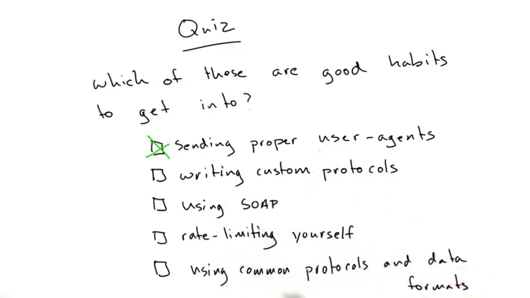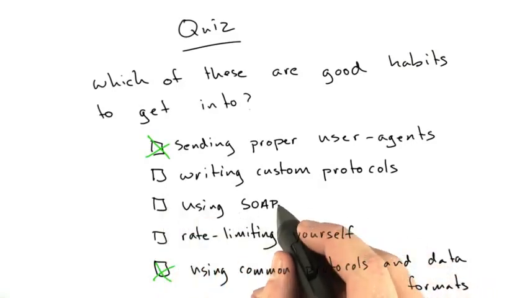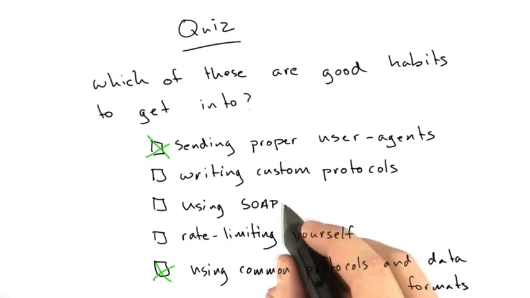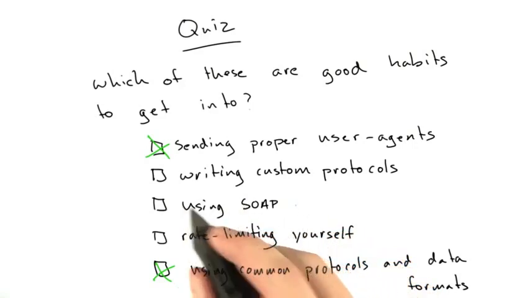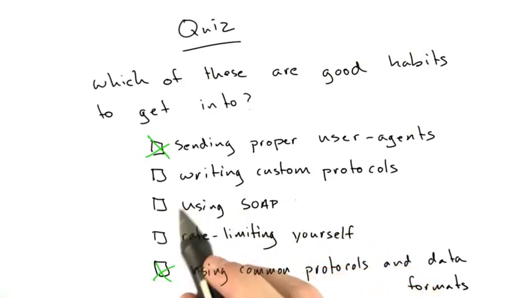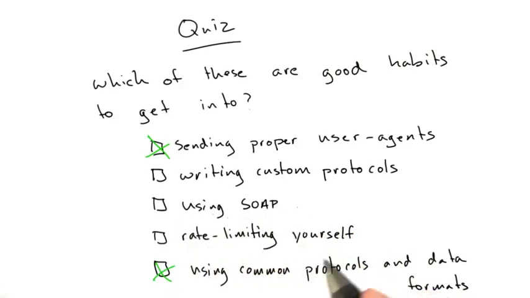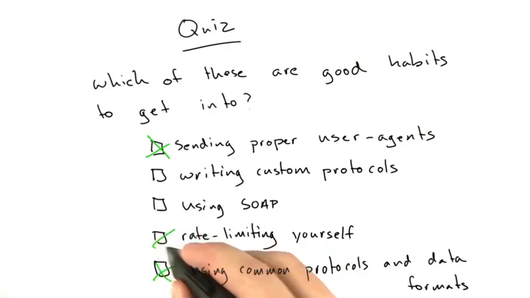Generally, using common protocols and data formats is a better idea. Using SOAP, depending on whether we mean the protocol or the cleaning substance, the correct answer may be yes or no. We're going to go with the protocol and say I wouldn't use it if I could avoid it. You might make somebody at Hipmunk really upset. Or rate limiting yourself. That is also correct.